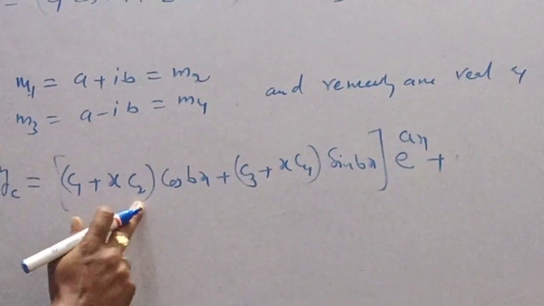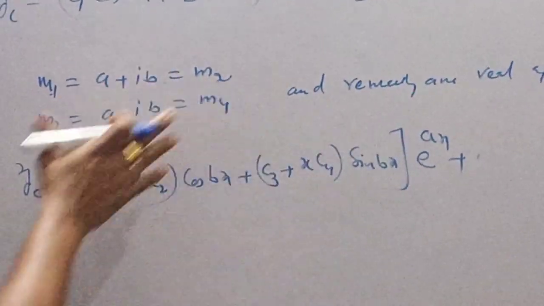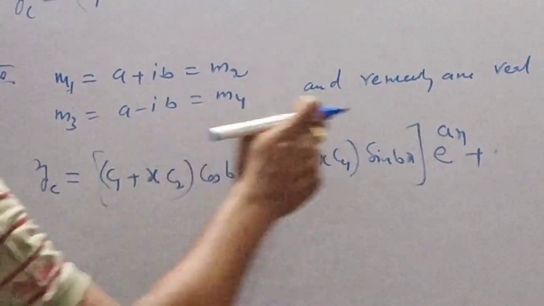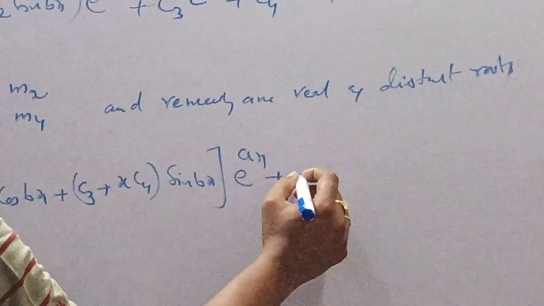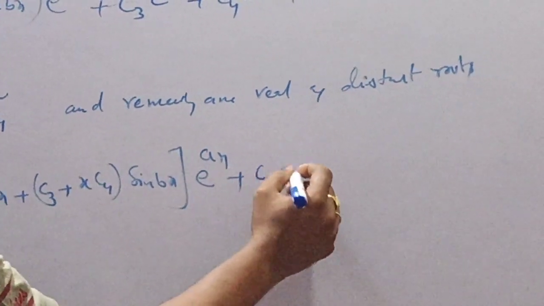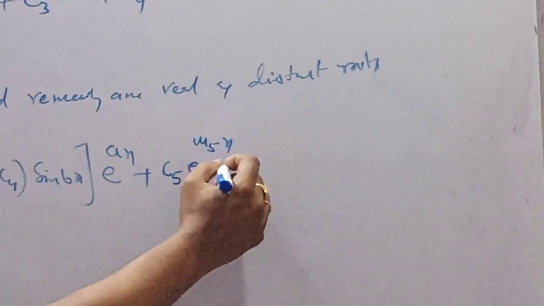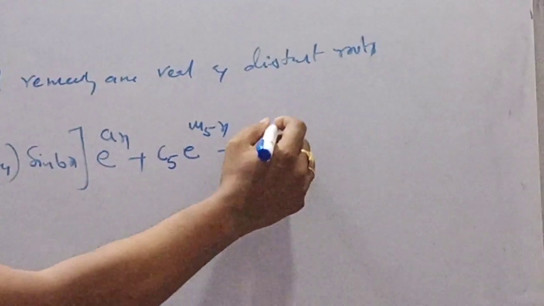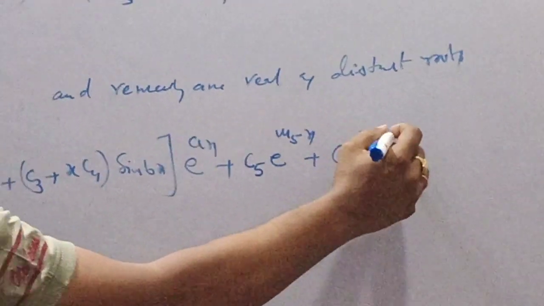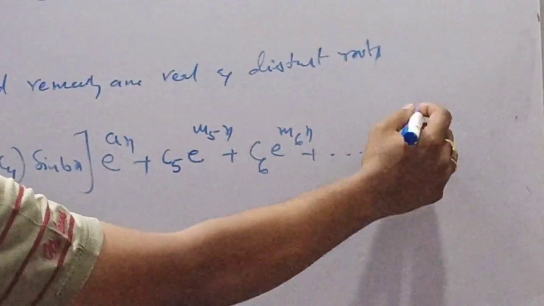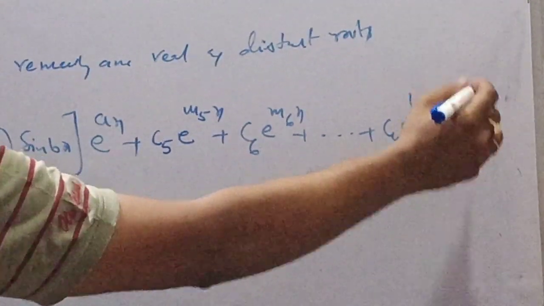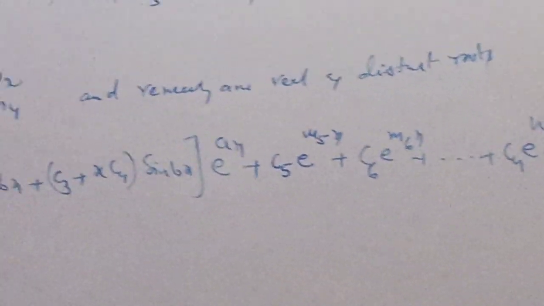Four solutions are used here, and the remaining real and distinct roots give c5 e to the power of m5x, c6 e to the power of m6x, and so on, plus cn e to the power of mnx. Clear?